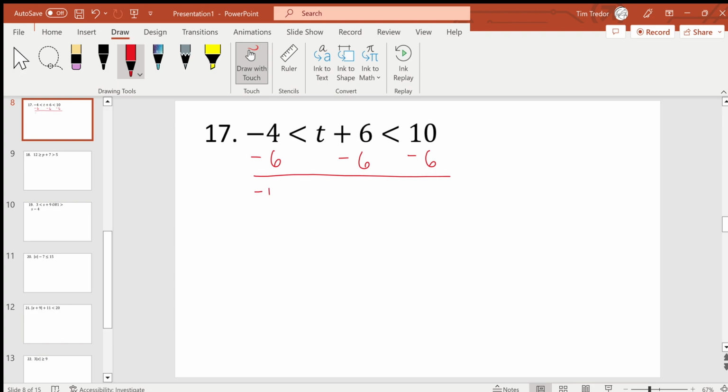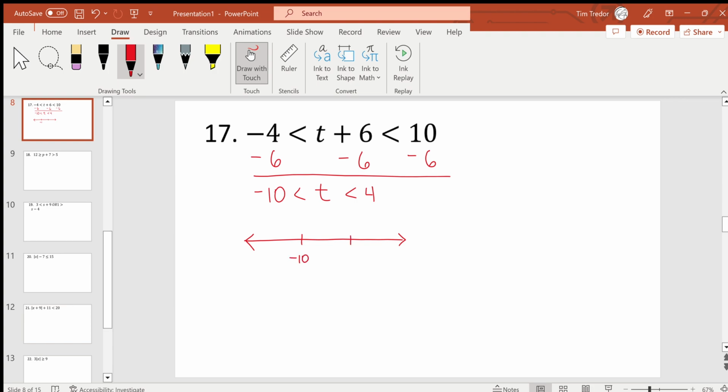So I'll have negative 10 is less than t, which is less than 10 minus 6, 4. So all my solutions, all the t values that are in my solution set, are between negative 10 and positive 4. So those are the numbers I need on my number line.